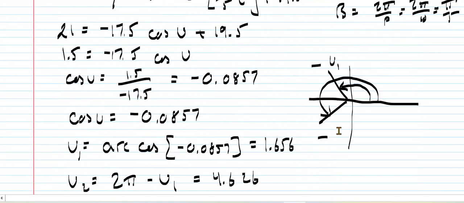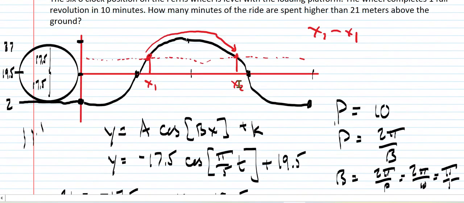And up above here, I used x's. I should have used t's, t1 and t2, to be consistent.